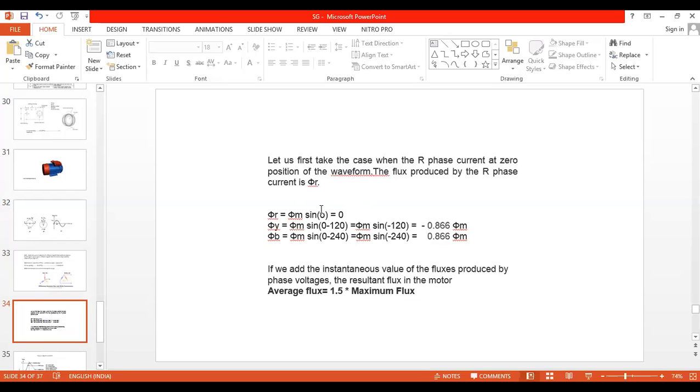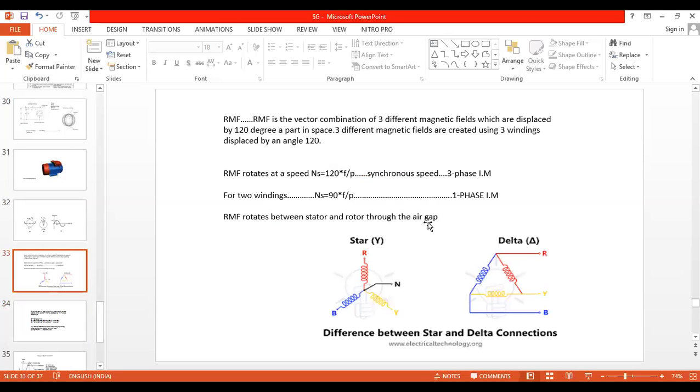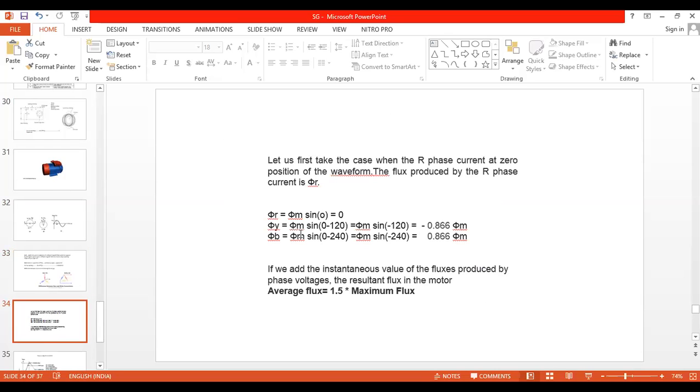Then sin 0 is 0, and sin of minus 120 gives minus 0.866, and here it is plus 0.866. If you take the combination of these three, the overall value is 1.5 phi m. So to explain the generation of rotating magnetic field, give the same explanation: explain the working principle of the induction motor, followed by this simple equation.